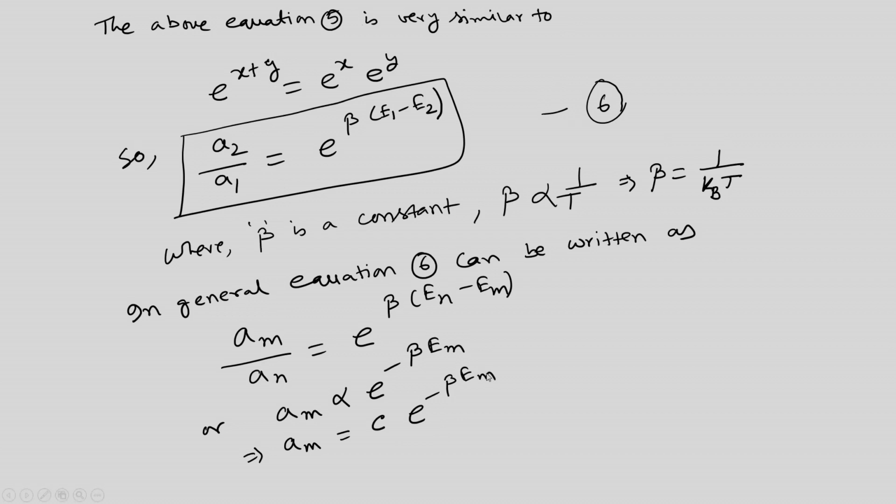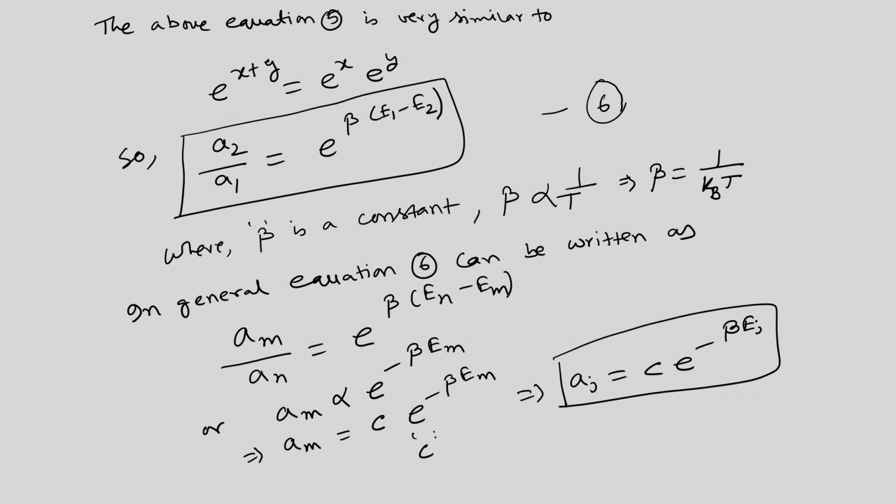Since M is a dummy variable, we can write AJ is C times e to the minus beta EJ. So, for the jth state this is also valid, where C is a proportionality constant. What is the value of C? We will see it.